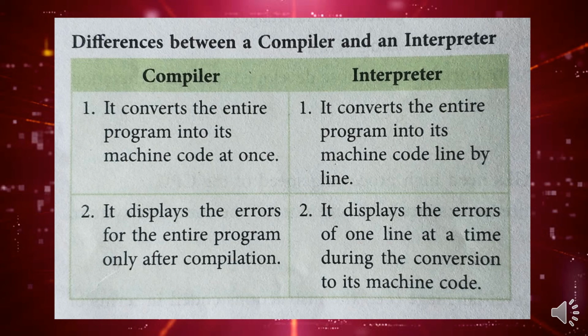The interpreter terminates its translating process, students, at the statement and displays an error message if there is any error while writing the program. The interpreter moves on to the next line for execution only after removal of the error.